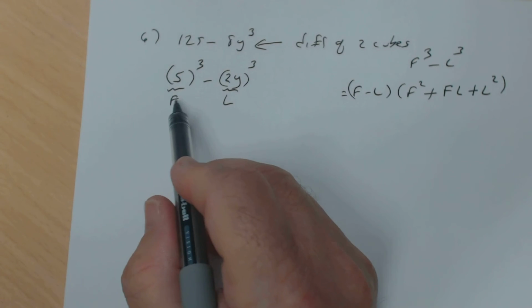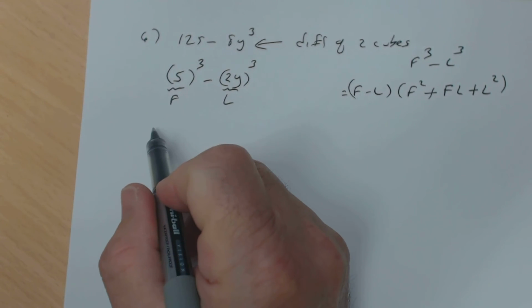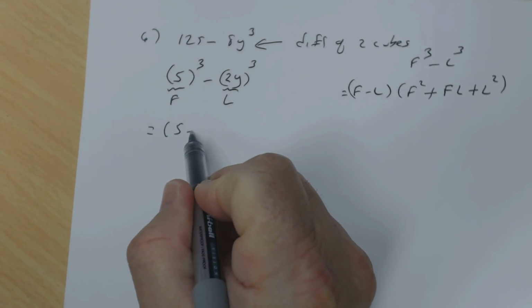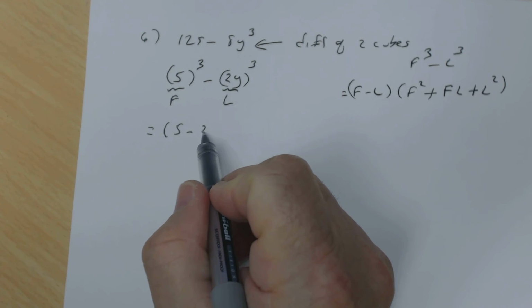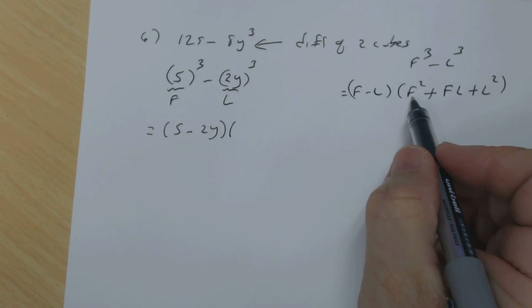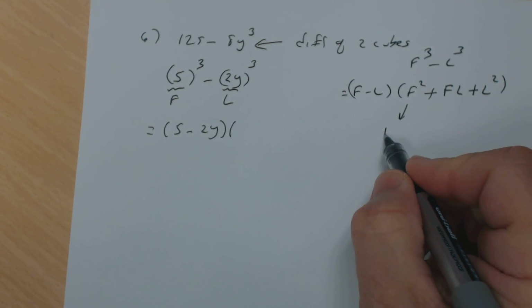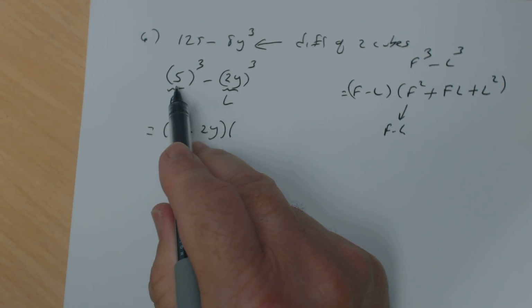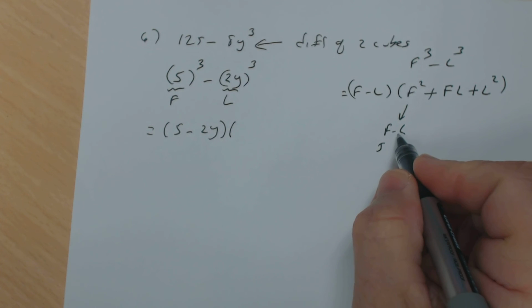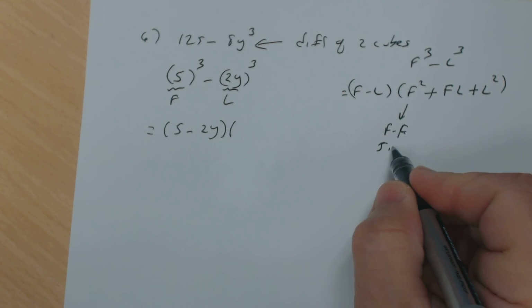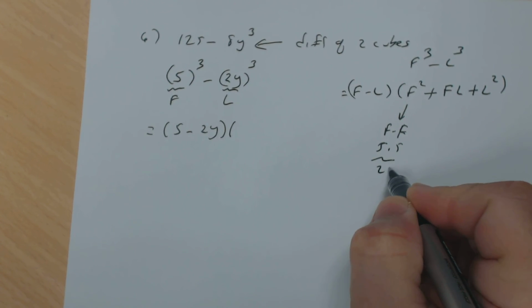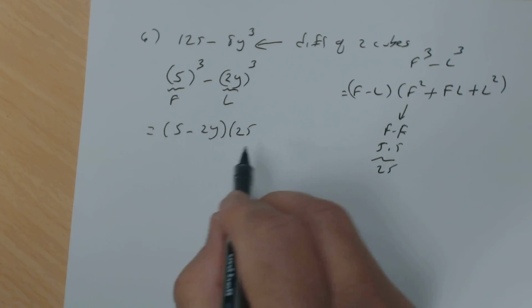All right, so here we go. So F minus L, so that's 5 minus 2y, that's our L, times, all right, now let's deal with F squared. So F squared means F times F. F in here is 5, so 5 times 5, which is 25, so that goes here.